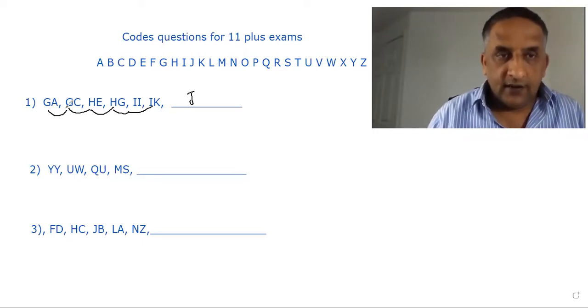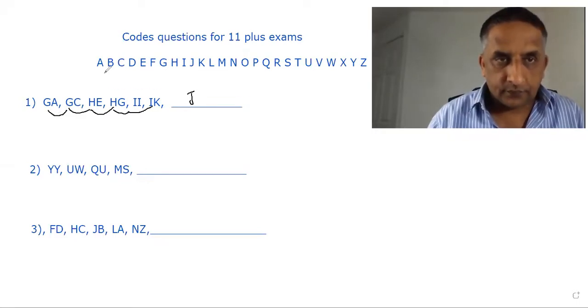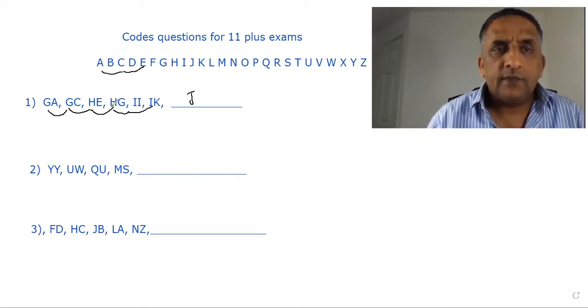Now we talk about the second one. It's from A to C. A to C is a gap of 1. C to E is a gap of 1. E to G is a gap of 1. G to I is a gap of 1. I to K is a gap of 1.